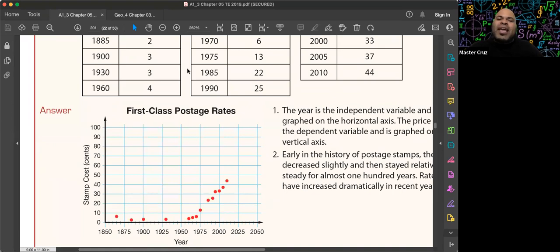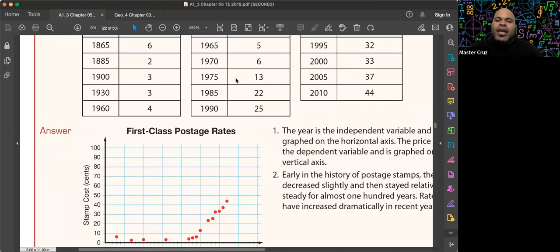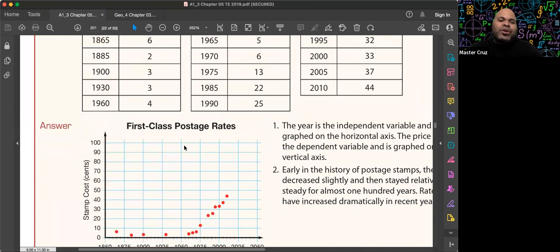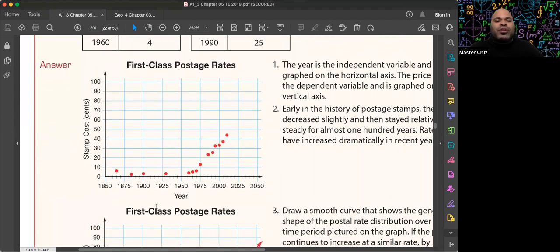Well, if we take this information, you can see that it was 6, 2, 3, and this is going up, but there's a jump here of 20 years, a jump of 5 years, a jump of 30 years. So when you come over here and you see the data, this is the same data from the table, but now it's plotted in a graph where the x-axis is the year, x is usually the time, and then the stamp cost is the y value.